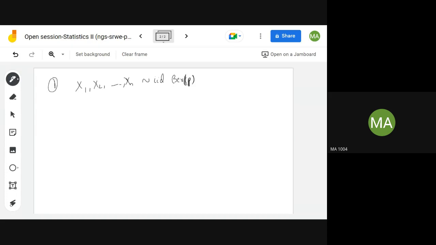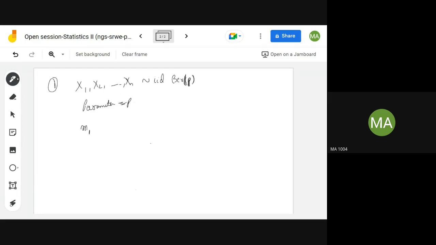The parameter is P. Now we want to find the estimator for this parameter P using method of moments. So what do we do in method of moments? We take the first moment.